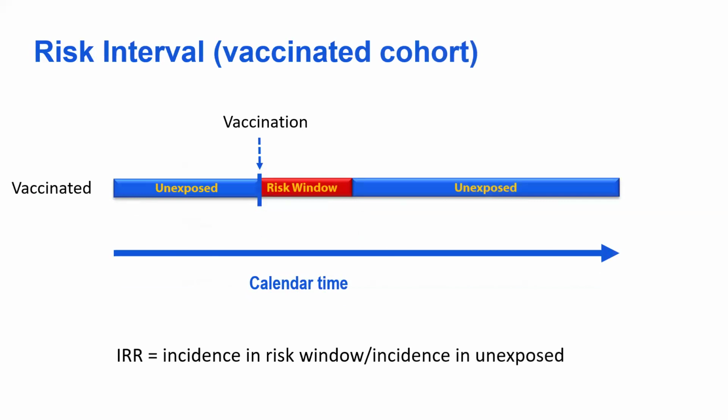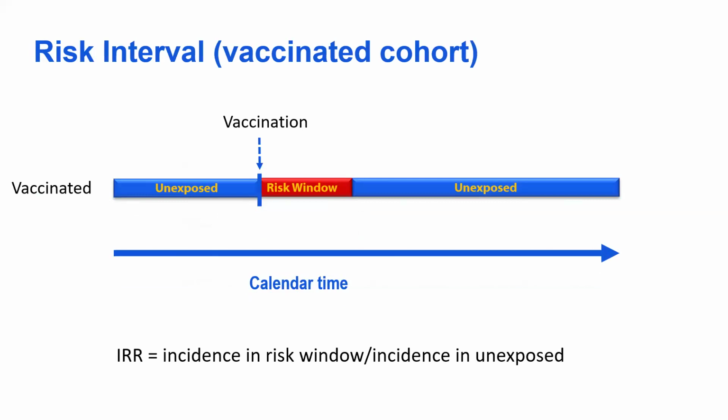And then we use a risk interval analysis. It's a vaccinated cohort. So only vaccinated individuals are included. And the incidence in the risk period is compared to the incidence in the control period. So we do this because we're concerned about confounding by indication or contraindication. So for childhood vaccines, almost all of the children receive them because they're considered mandatory for daycare and school.